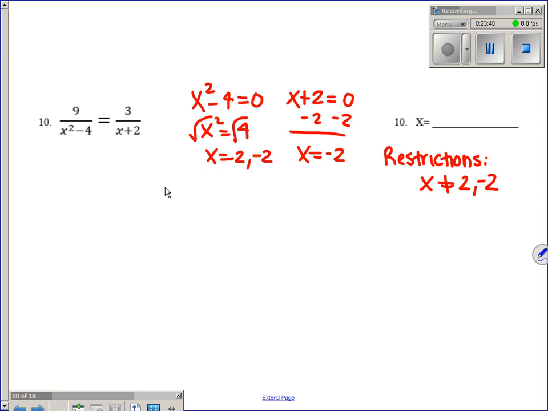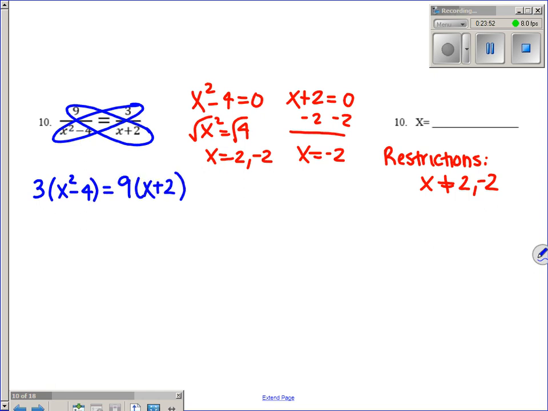Okay, so now since this is fraction equals fraction, we know that we can use cross multiplication, which we are really good at. So 3 times x squared minus 4 equals 9 times x plus 2. Distribute. This becomes 3x squared minus 12 equals 9x plus 18.